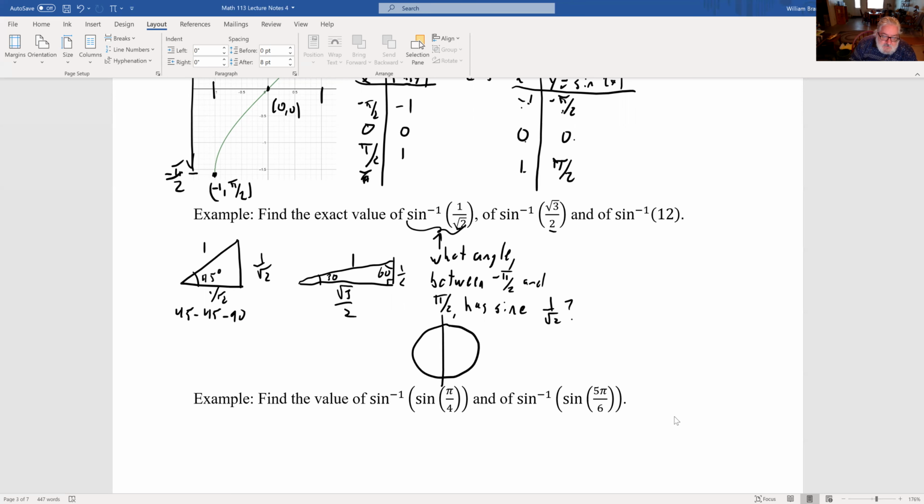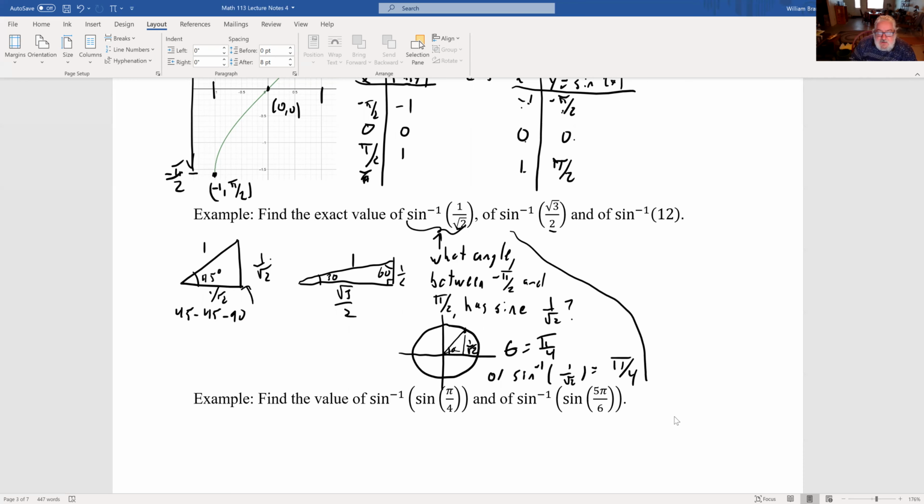So you can draw your basic unit circle, and say the sine of this angle, which we're looking for, is 1 over root 2. Little small drawing, but that's okay. This triangle has to be a 45, 45, 90 triangle because one of the sides is 1 over root 2. So the angle has to be pi over 4, theta equals pi over 4, or sine inverse of 1 over square root of 2 equals pi over 4.